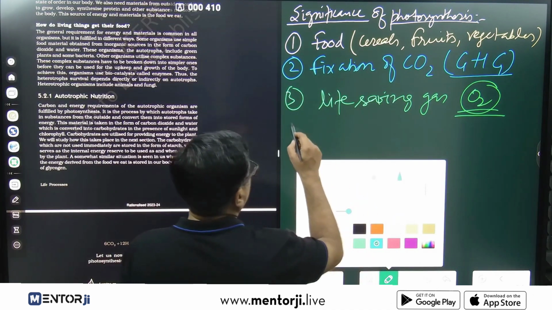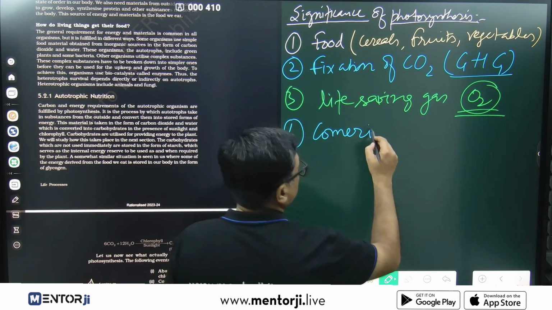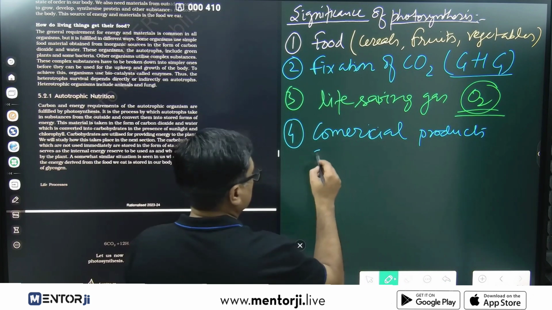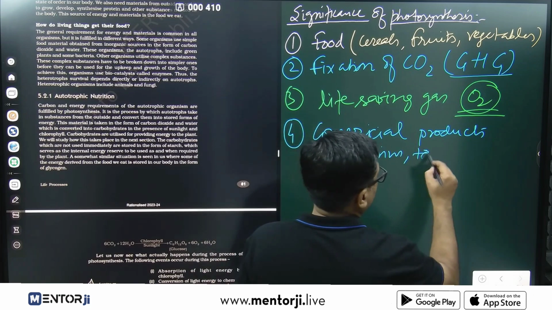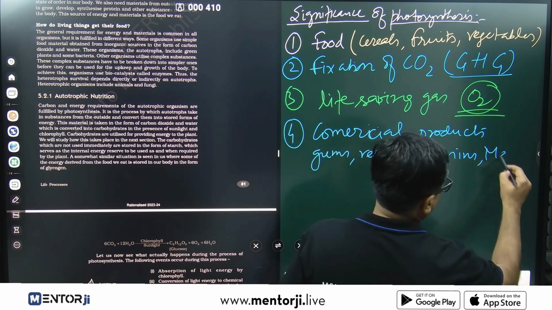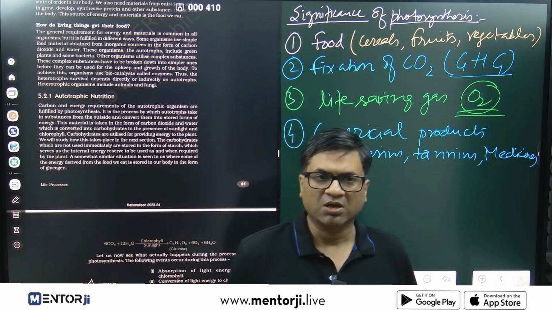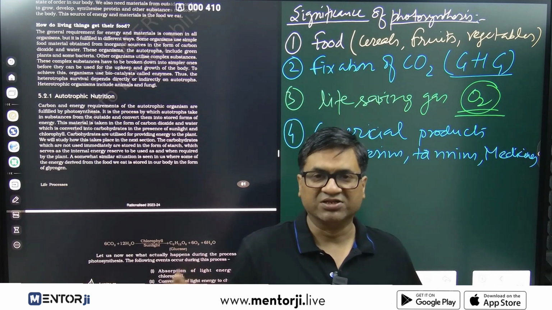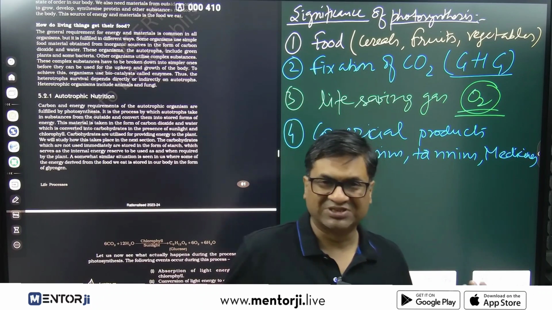Next is the commercial products, such as gums, raisins, tannins, different types of medicines. आपने नाम सुना होगा, कोविड के टाइम पे बहुत चला था और अब भी चल रहा है। एलोवेरा है, अश्वगंधा है, आपका दालचीनी है। तो ये डिफरेंट प्रोडक्ट्स ही हैं प्लांट के जो फोटोसिंथेसिस के थ्रू डेवलप होते हैं.